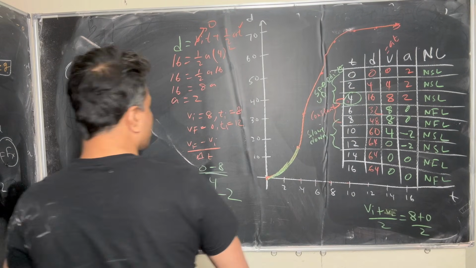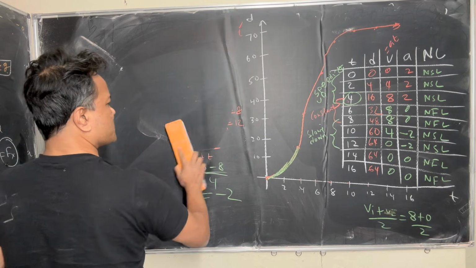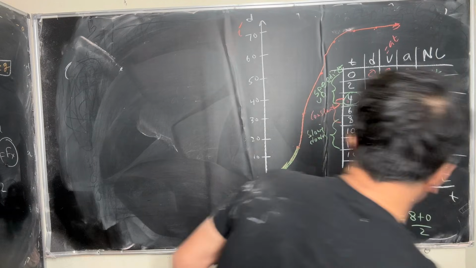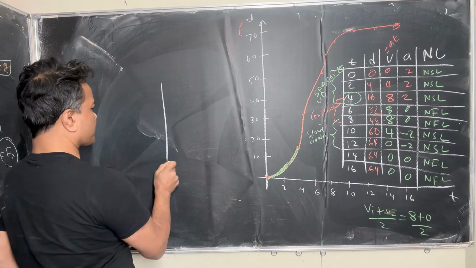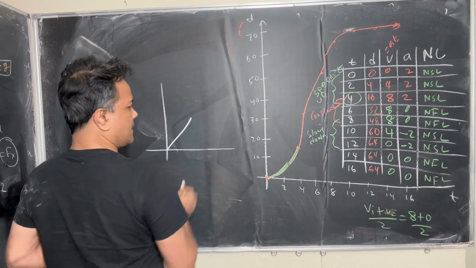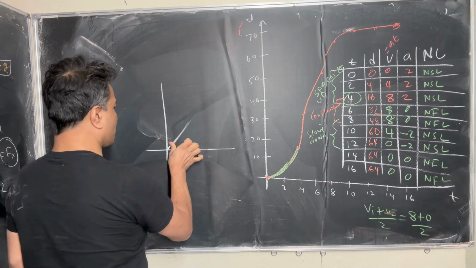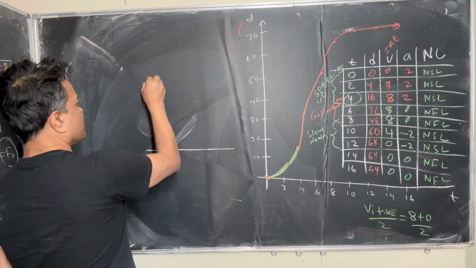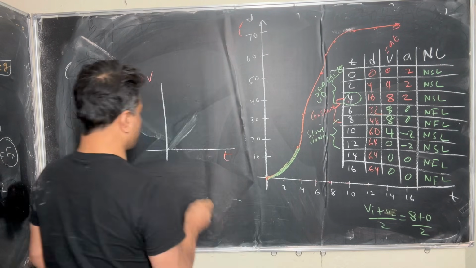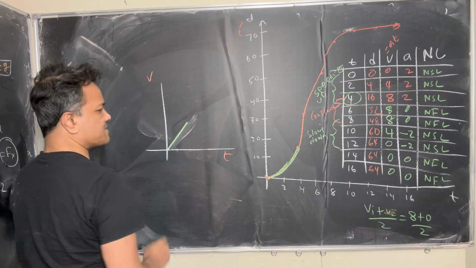Now, I want you to see the geometry of this one. So I'm going to color code it. So this is velocity versus time graph. This is green, so I'm going to do the green. It's speeding up.